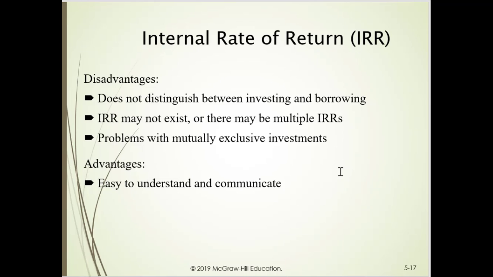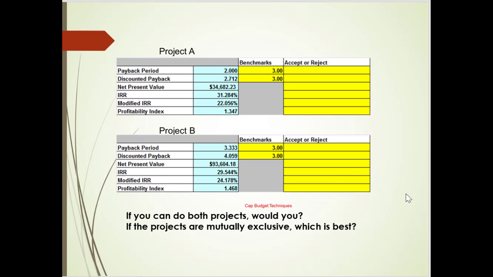And we've talked about mutually exclusive investments. You have to pick between projects. If you have to rank projects, there's an issue. Of course, it's very easy to understand and easy to communicate. The issue is these conflicts and challenges that we have.